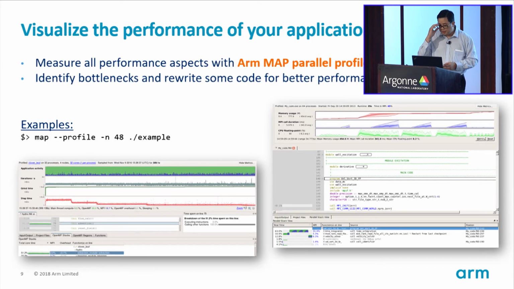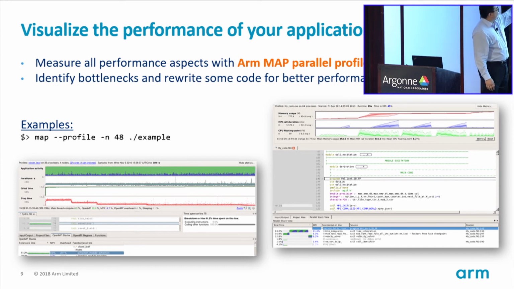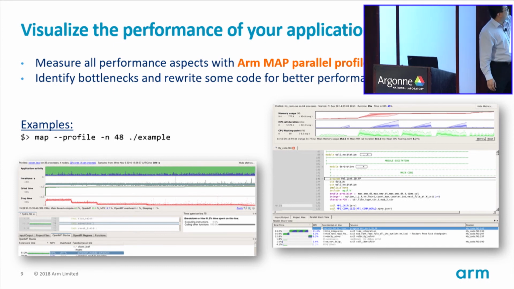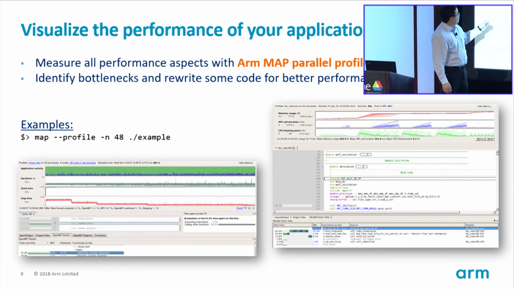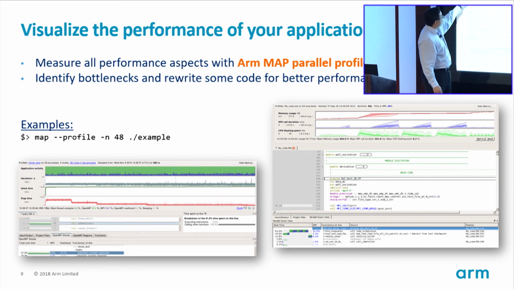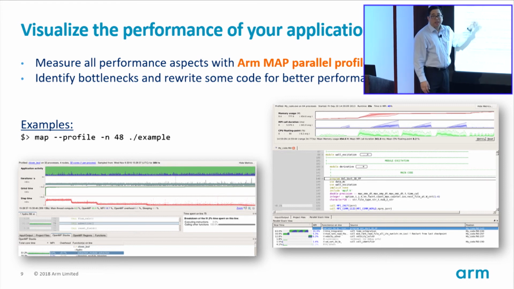All right, on the other side of our tool suite, we have MAP, which is our visual profiler. The idea is to be able to see at a glance where all your time is being spent. In this picture, you can see it's showing you from left to right, where left is the start of your program and right is when your program finishes. It's color-coded nicely so that if there's a lot of green, that means you're doing a lot of computation.